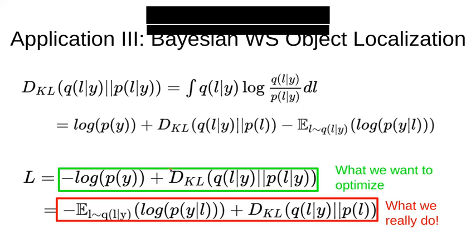And the second part is the KL divergence between two distributions. One is Q, which is our posterior approximated with the Gaussian, and the other is P of L given Y, that is the real posterior. So we want our approximated posterior Q to be as similar as possible to the real posterior.